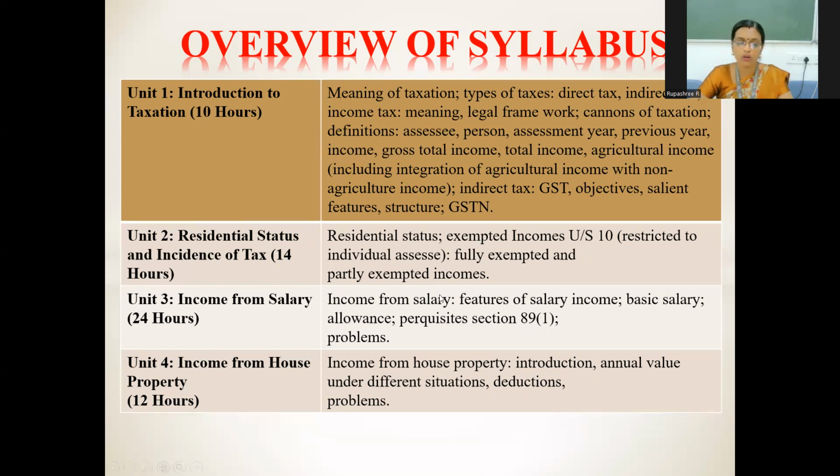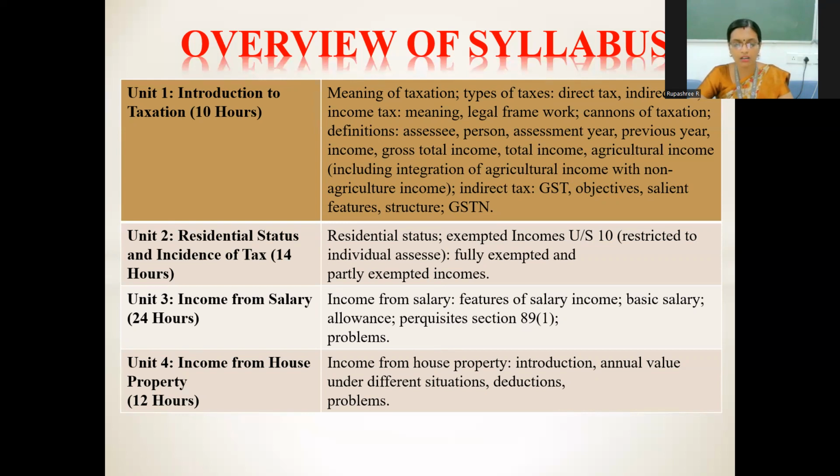So by covering all these 4 units, we will be covering the syllabus of Income Tax 1. Just to note, there are 5 heads of income as per taxation. The first head being income from salary, the second income from house property, the third income from business or profession, the fourth income from capital gains, and the fifth income from other sources.